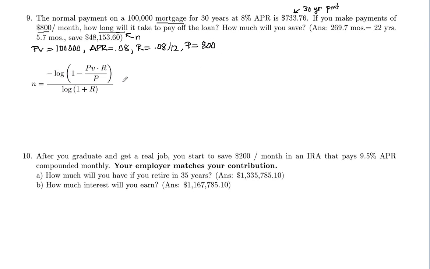Now we've got all our pieces. So this is going to be negative log of the quantity 1 minus PV R over P, close that up, and divide by log of 1 plus R. What am I doing? I want to do my substitutions.